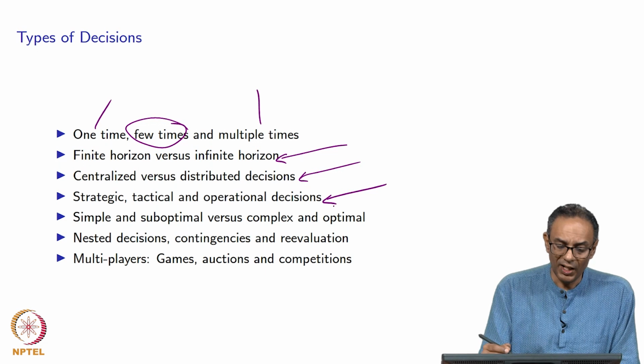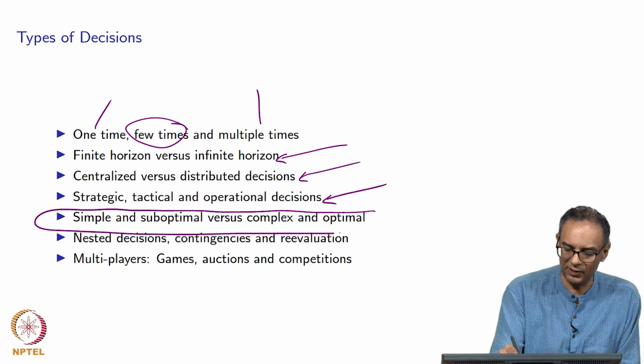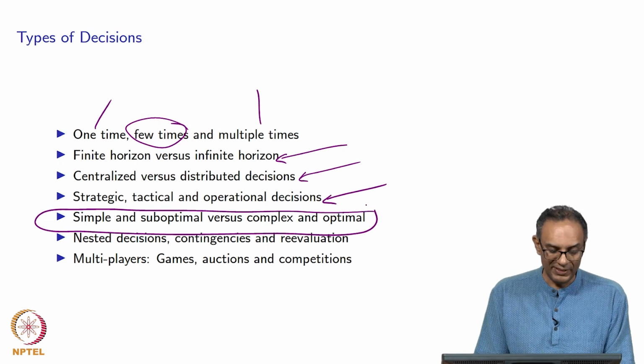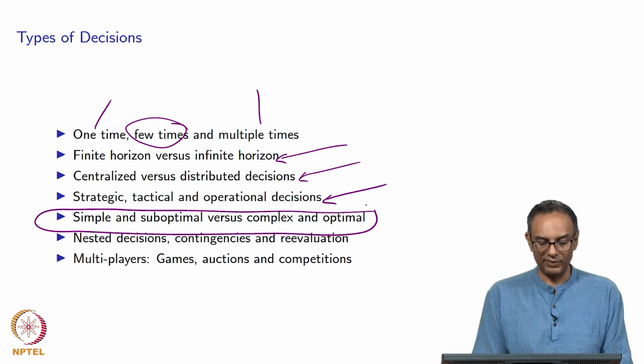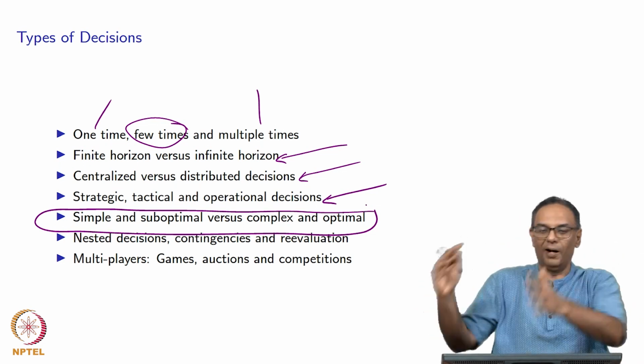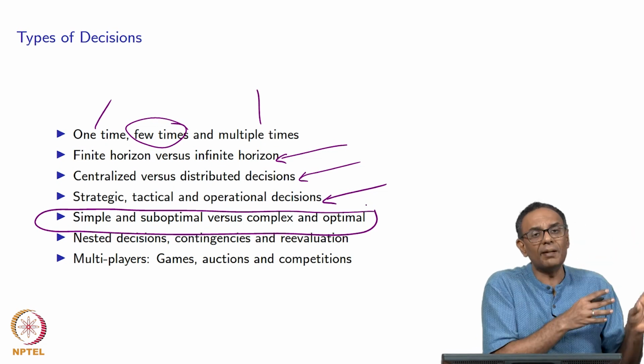Now, you also have this issue. A lot of companies that I speak with and consult, they tell me something very interesting. As a researcher, I tend to build some very complex models that give me the optimal solutions. But many times companies are interested in simple, maybe suboptimal solutions.